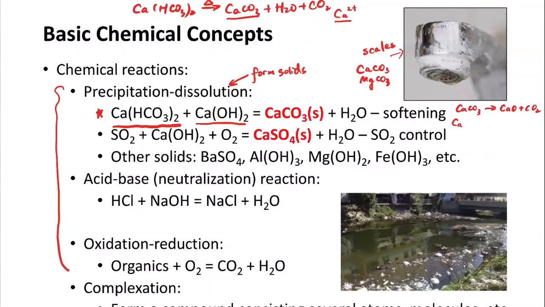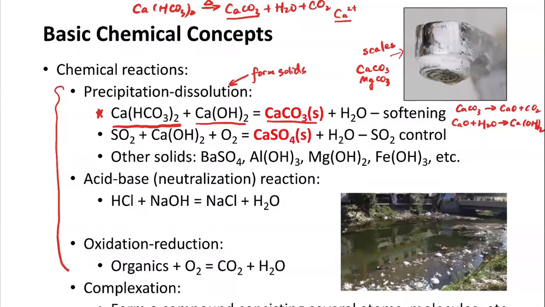And then by adding calcium oxide into water, you can get calcium hydroxide. So they can produce this calcium hydroxide and then add it into the drinking water. Basically through this chemical reaction, what you're going to get is calcium carbonate solids.